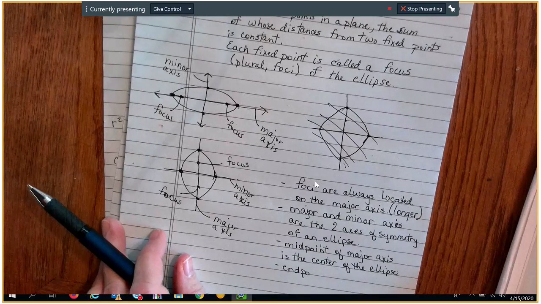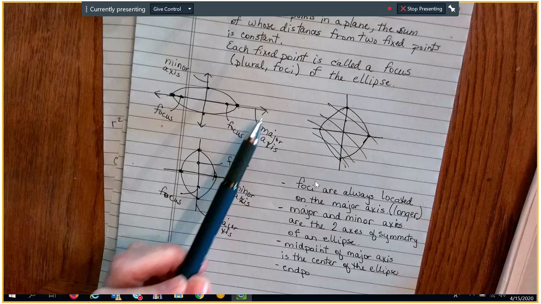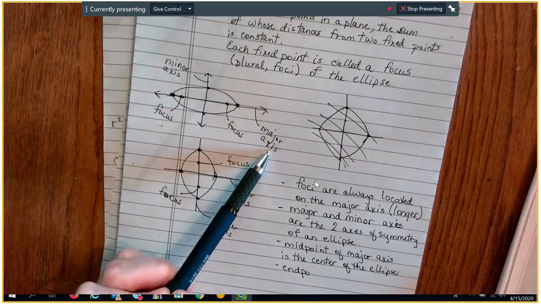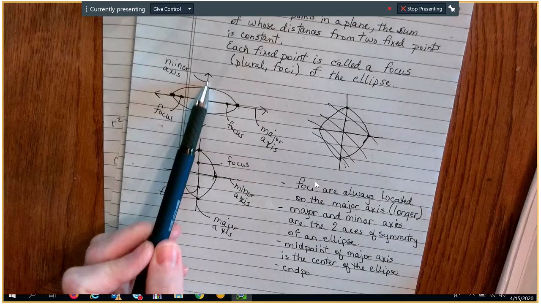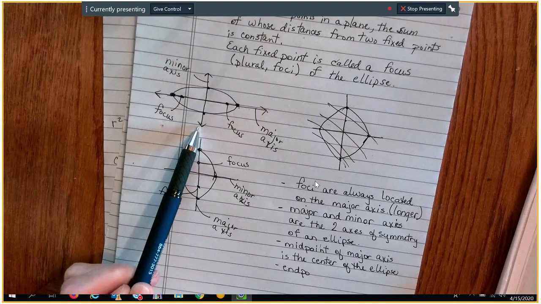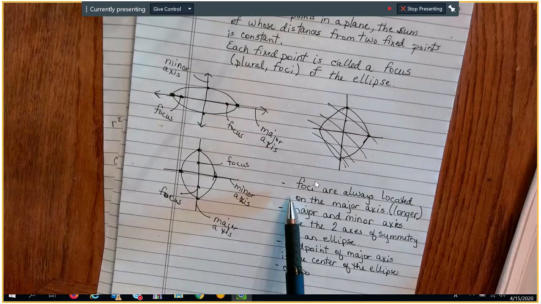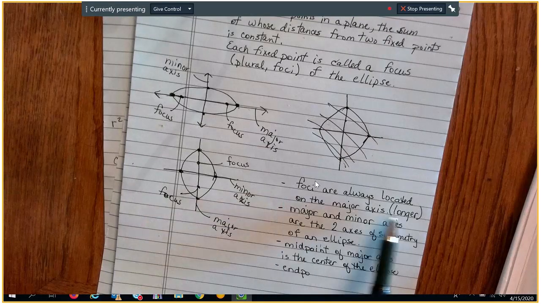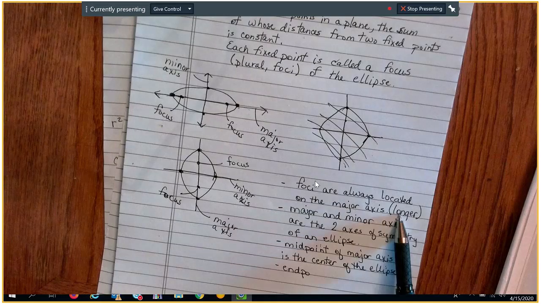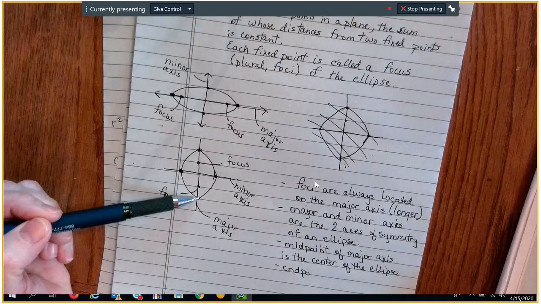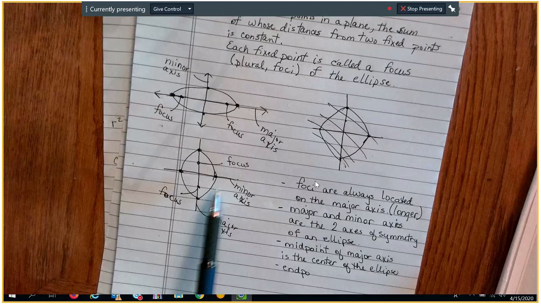You can also see that I have my x-axis here listed as my major axis, and my minor axis is listed as the y-axis. So the foci are always located on the major axis, which is the longer axis. So here, the y-axis is going to be my major axis, and the x-axis is my minor axis.